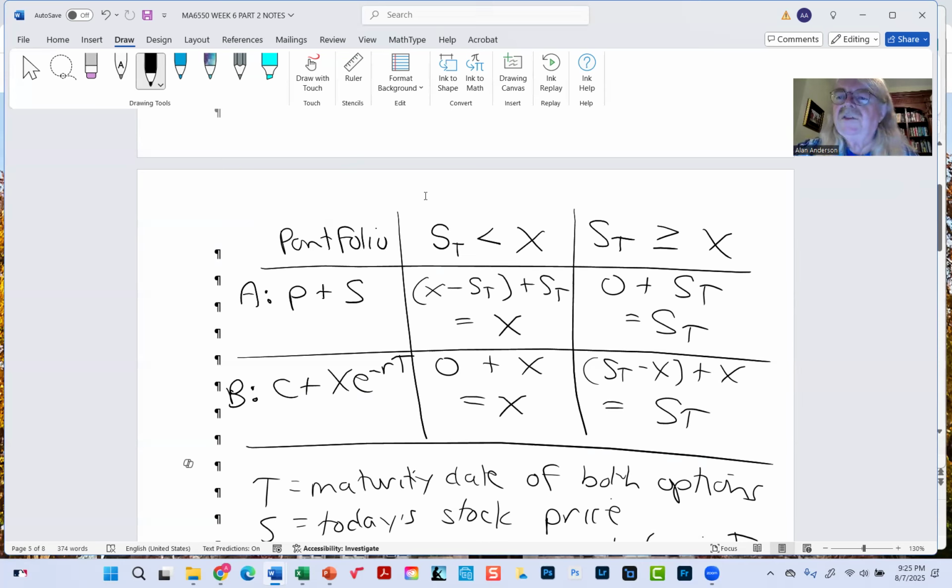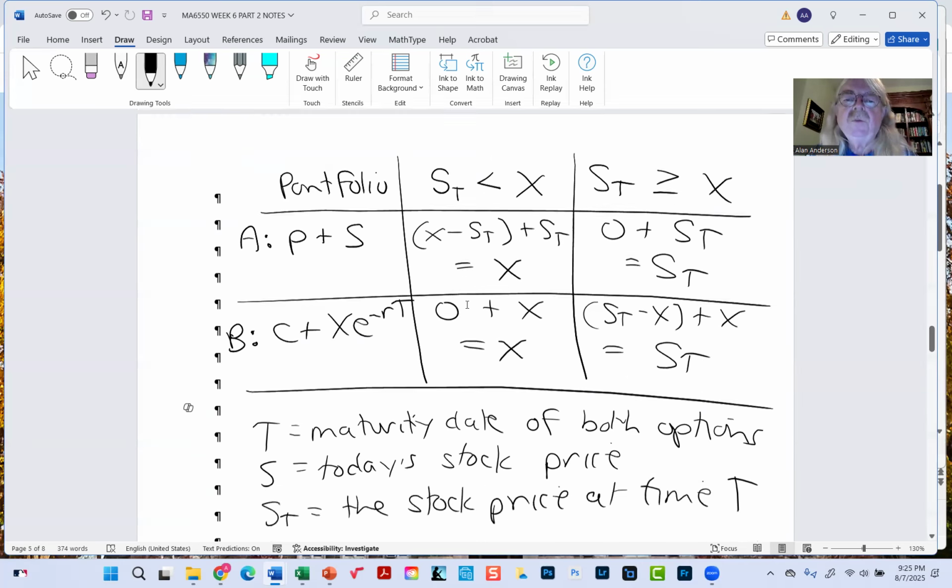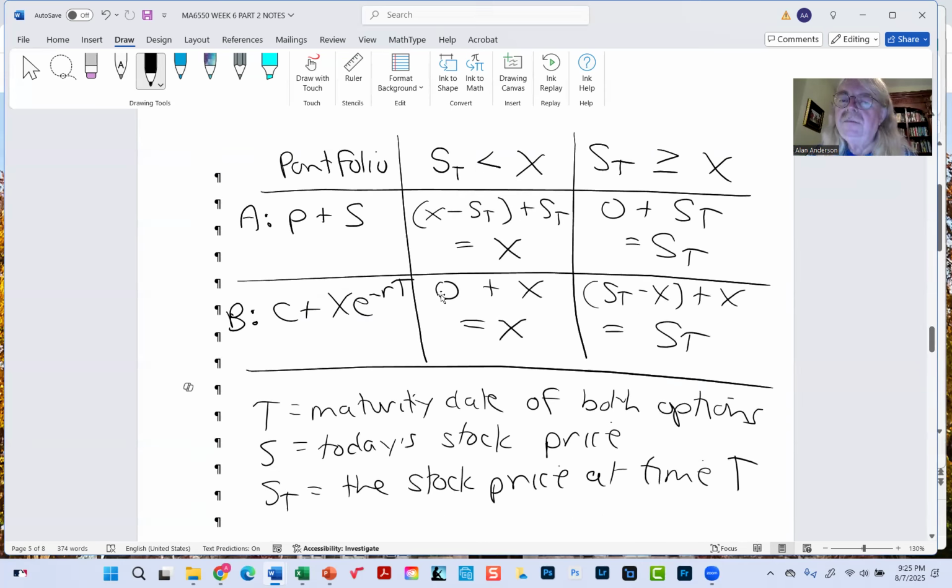Now, what did this just prove? Well, if you look carefully, you'll notice that no matter what scenario takes place, the two portfolios have the same cash flow. In other words, in the first case, portfolio A and B are both worth X dollars. In the second case, they're both worth ST dollars.